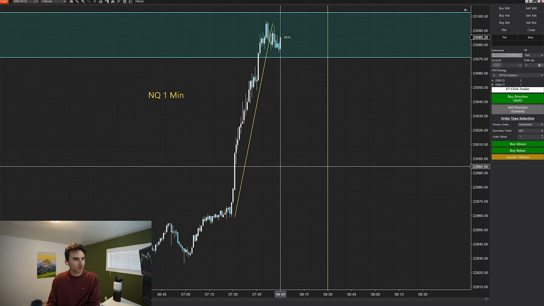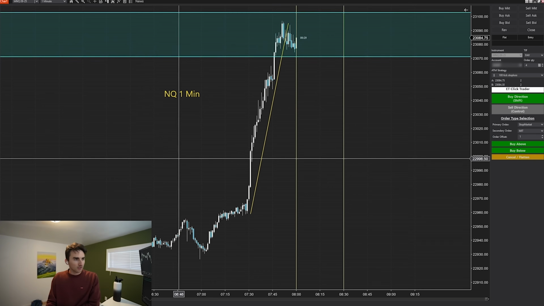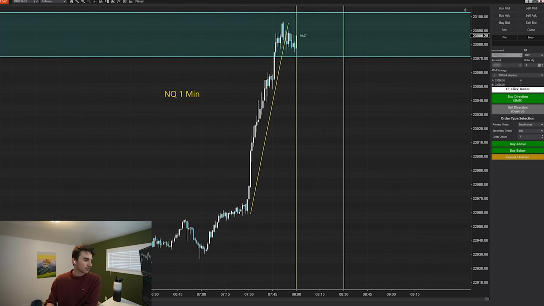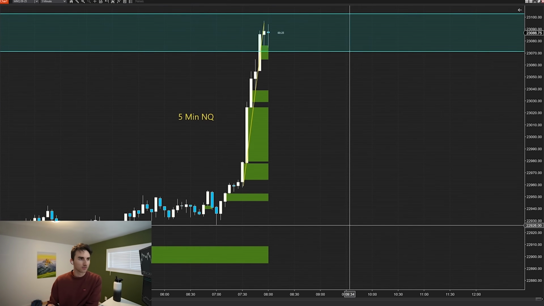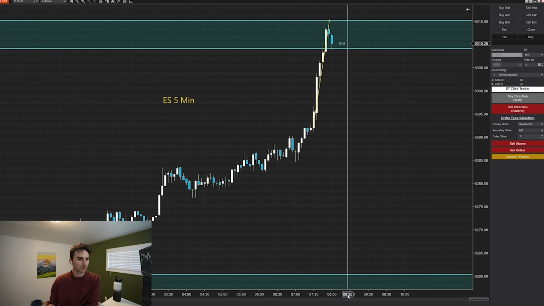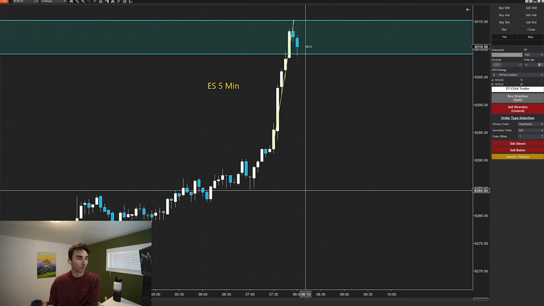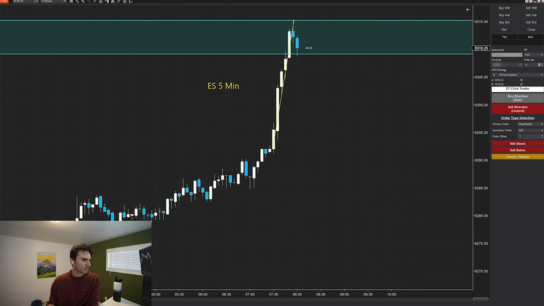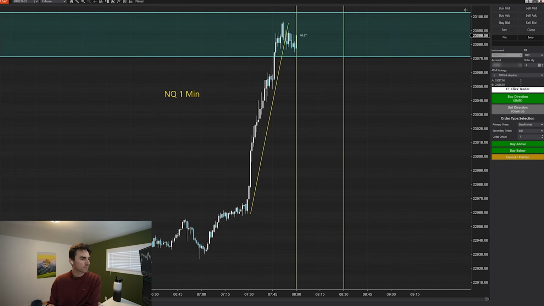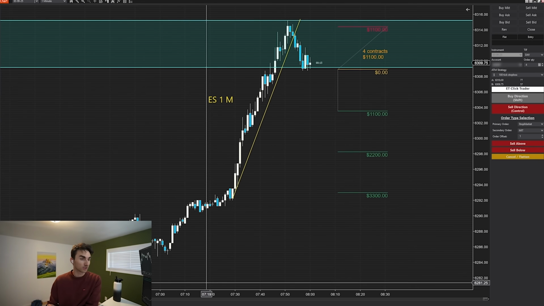Comparing these two still, the NASDAQ is showing still more strength while the ES is showing more weakness. I do want to be aware that this could just pull back and continue to shoot higher.